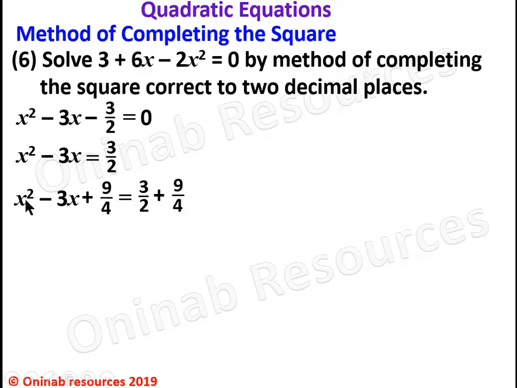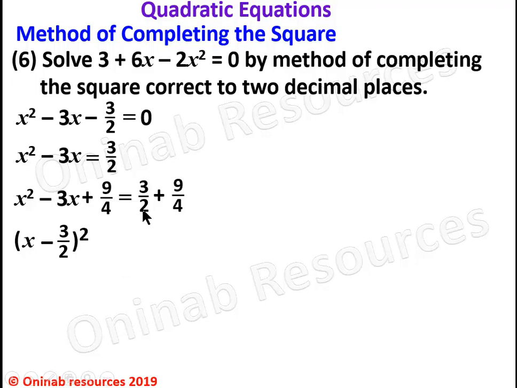So the left hand side, to factorize it, open a bracket. What is the square root of x squared, which gives x? Go to the next term. We are only interested in the sign, which is negative. Then pick this. What is the square root of 9 over 4? That's 3 over 2. So we have it as 3 over 2. Close the bracket, squared.